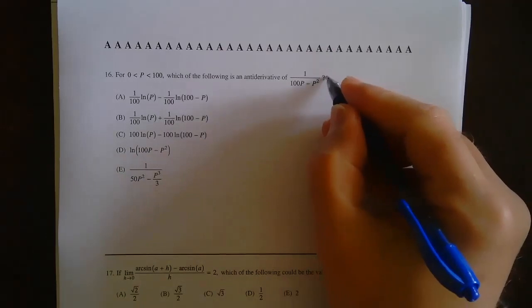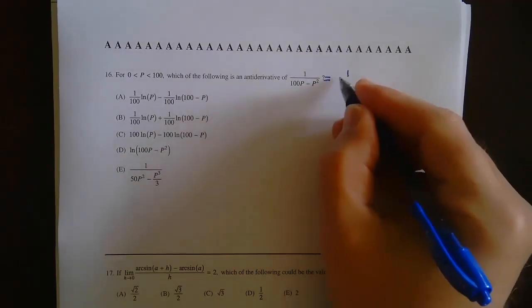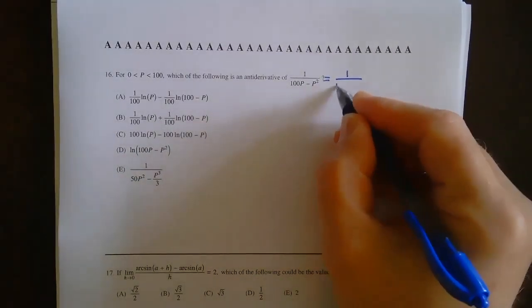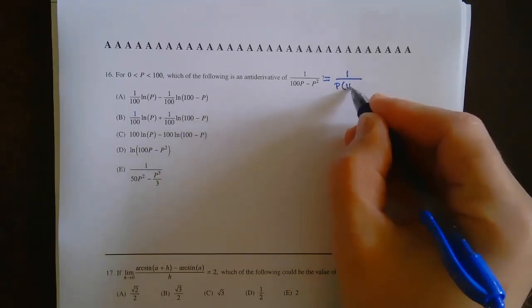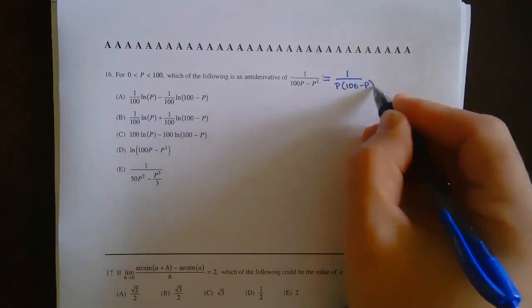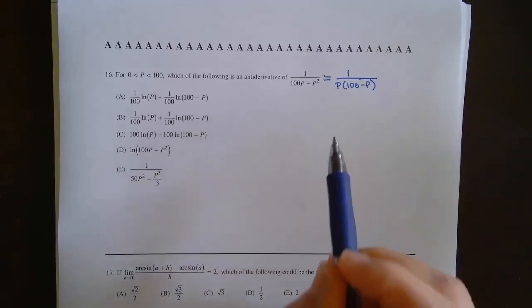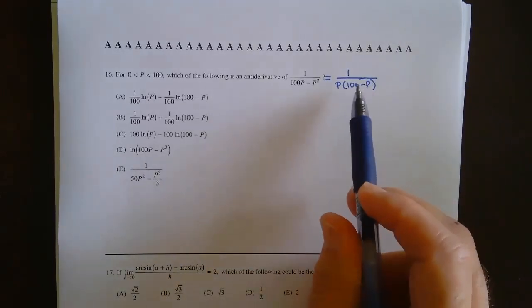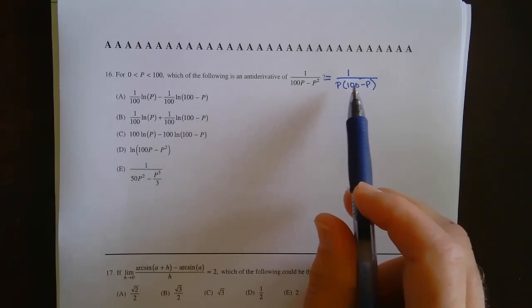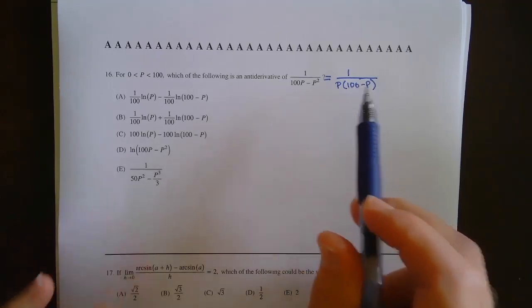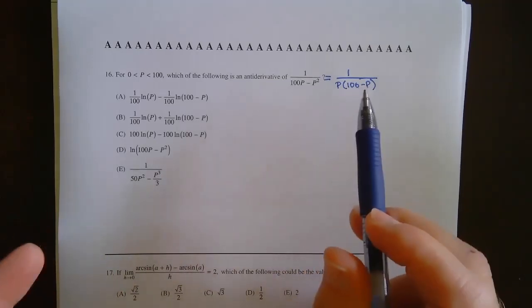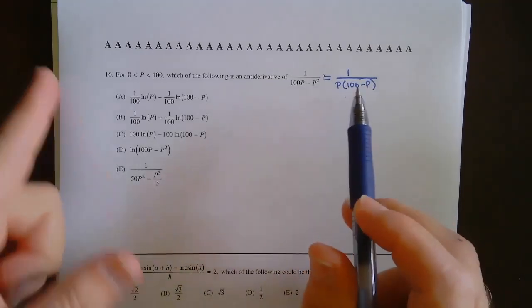So this is equivalent to 1 over p times 100 minus p. So we've got to break this up into the sum or difference of two fractions, and that's the partial fraction decomposition. We're going to do that, and this is going to take a little bit of time too, so I'm going to grab another piece of paper.